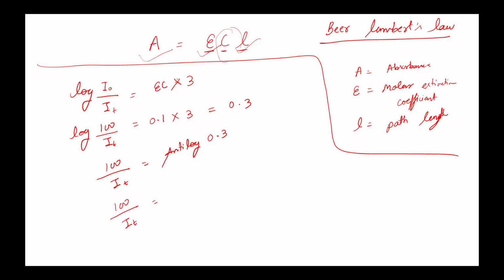The antilog of 0.3 is 1.995, or we can also say 2.